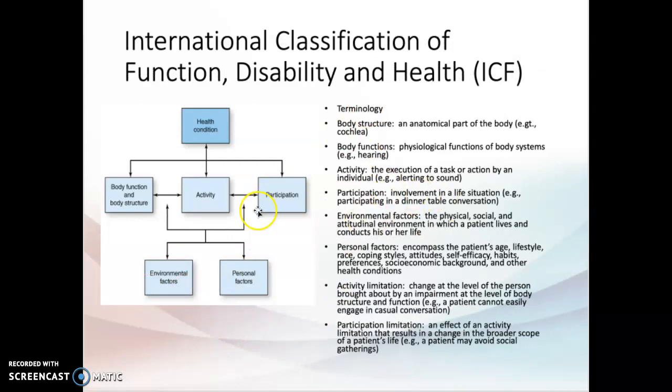Here's some terminology that you can take a look at. At the core of the visual is activity, and so it's all about how the hearing loss negatively impacts the individual's ability to perform activities.